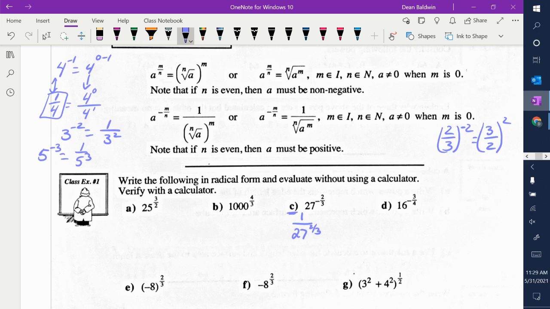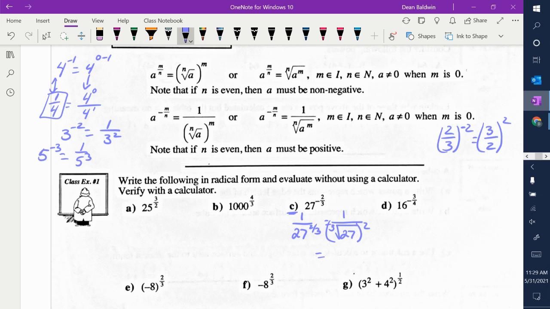Then you look at it and you go, okay, now I have a fractional exponent. What do fractional exponents mean? The radical. So fractional exponent means you have a radical. What is my index number of this radical? 3. The cube root of 27, and it's all squared.